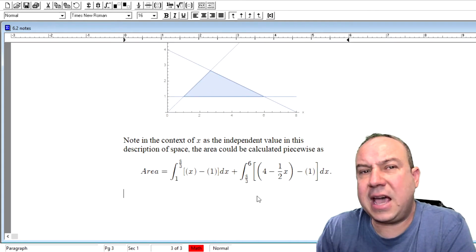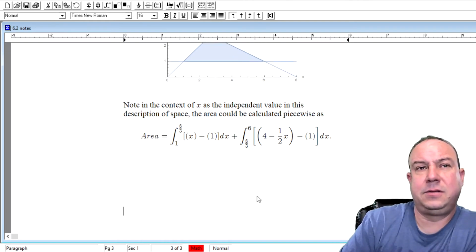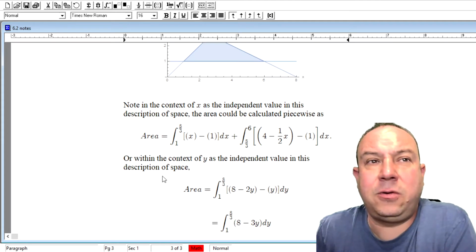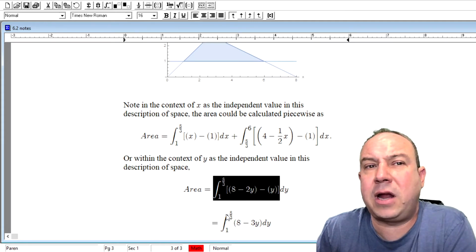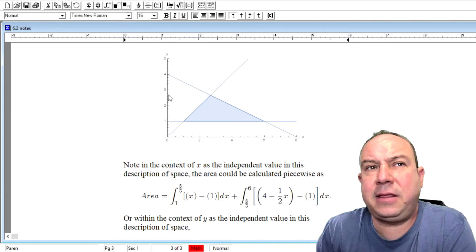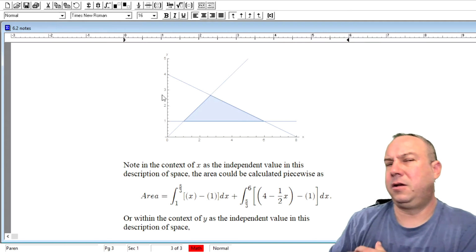And we do see that in our setup. Within the context of y being the dependent value in this description of space, we would be integrating from 1 to 8/3. Starting here at 1 on the y-axis, we would integrate all the way up to 8/3, which is 2 2/3, right about here along our y-axis.